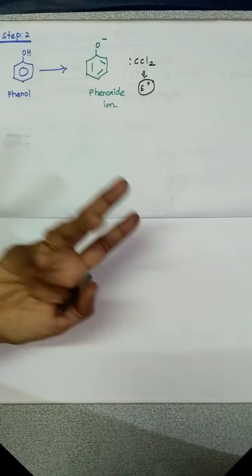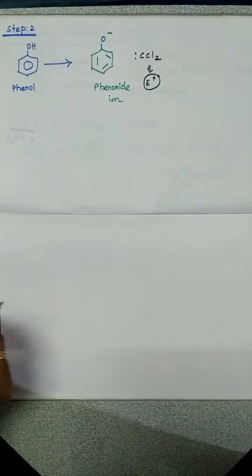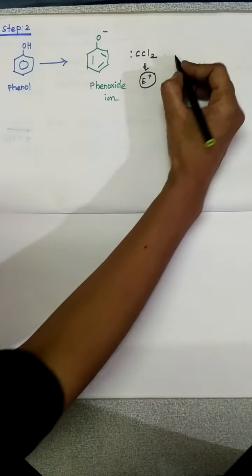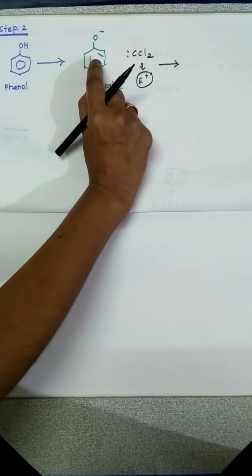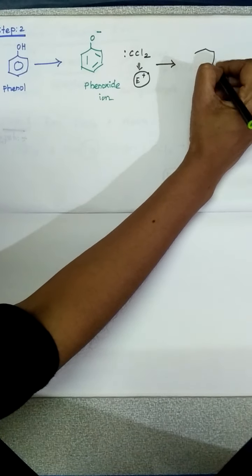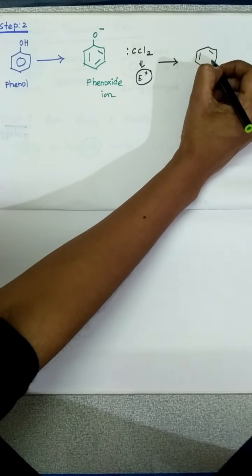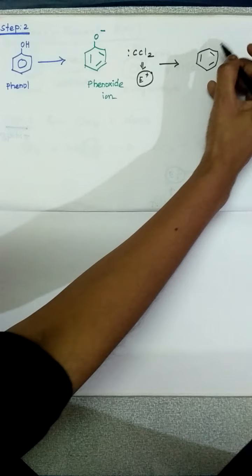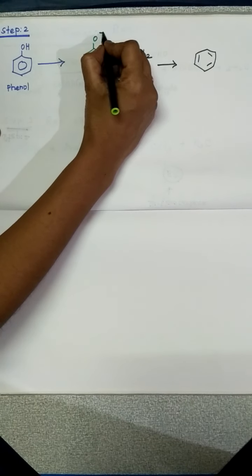The attack can be at any position, here, here or here. After the attack of this electrophile on the phenoxide ion, the product will be the same. Here I am writing the same bonds.